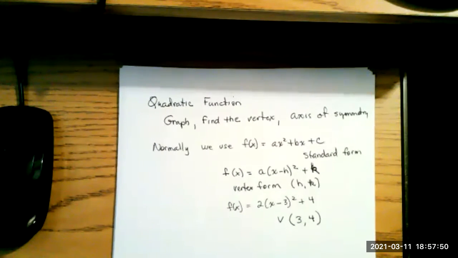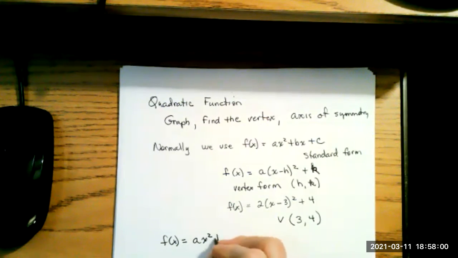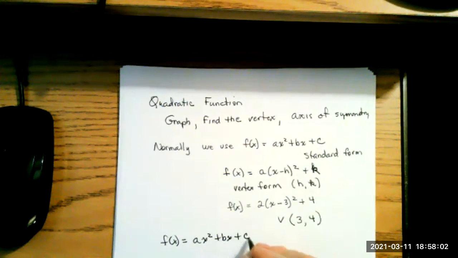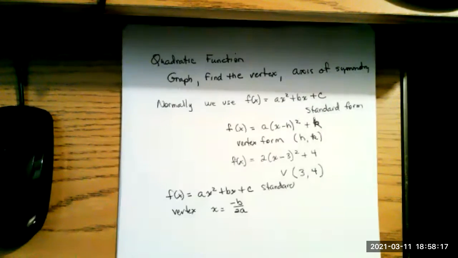Now, there is a way to find the vertex by hand, and some of you are going to want to do this because you don't like doing it on the calculator. So if you have ax squared plus bx plus c in that form, then you can find the vertex: the x value is negative b over 2a. Have you seen that before?